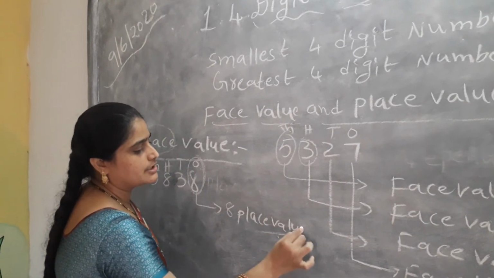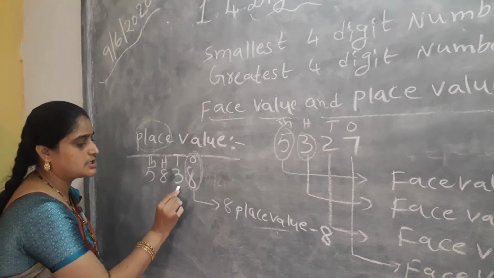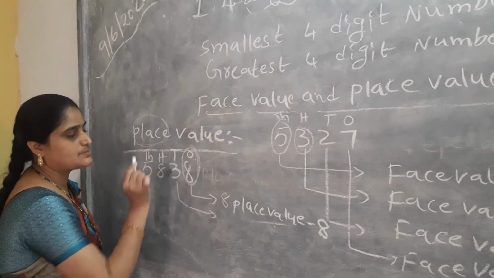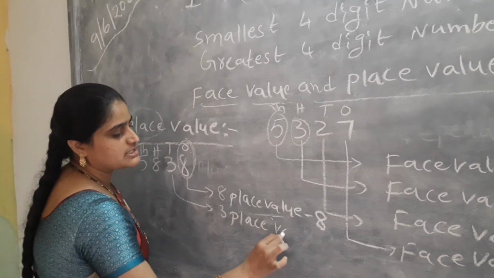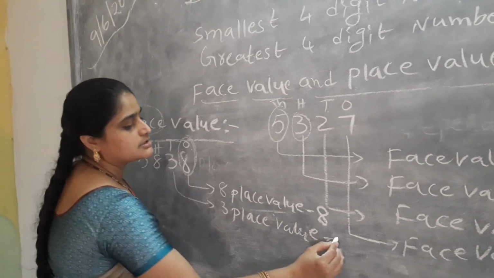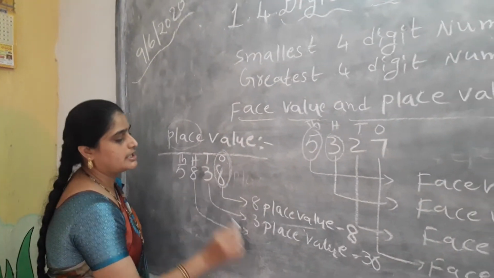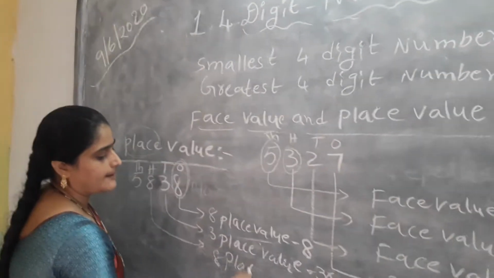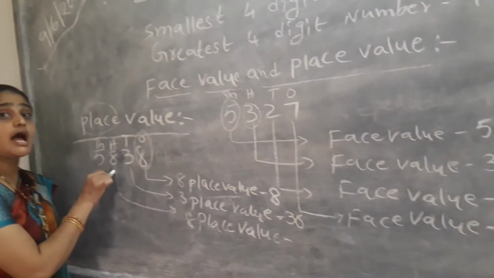Next, this 3 is in which place? Tens place. That's why the place value of 3 is 30. At the same time, 8: the place value. 8 is in the hundreds place.